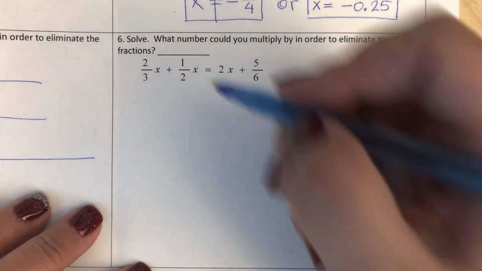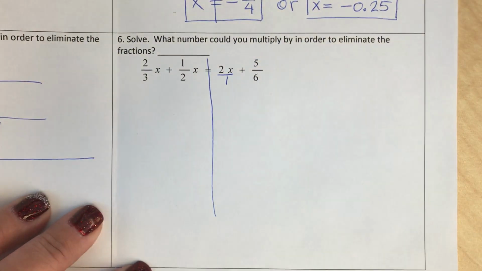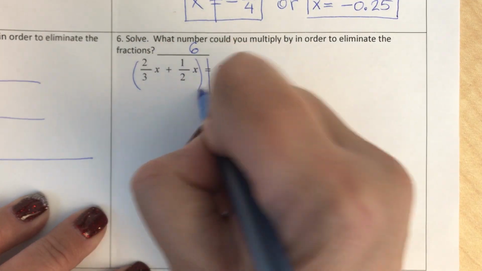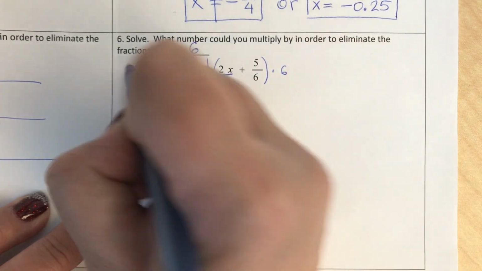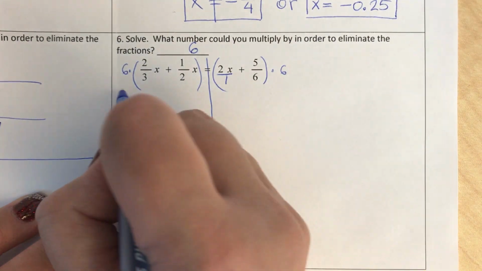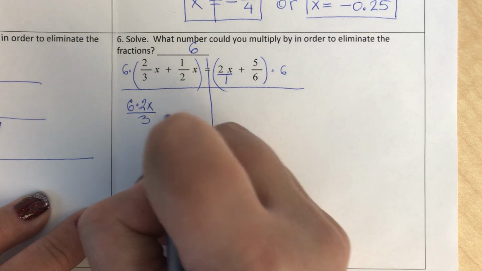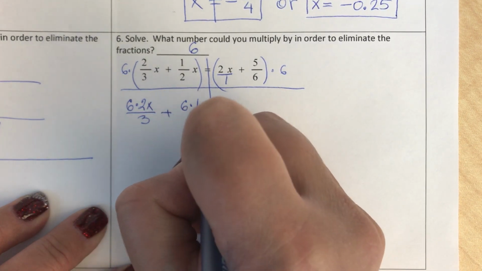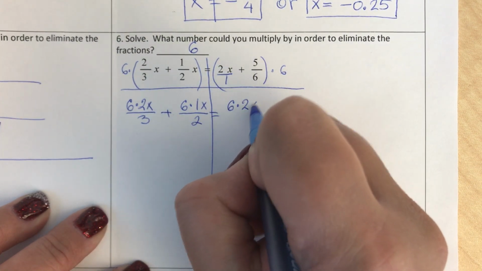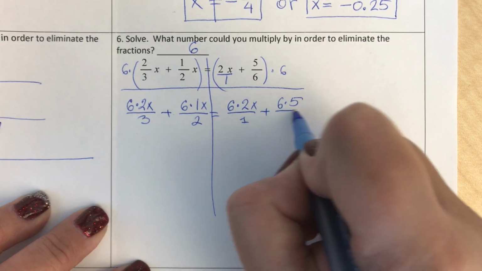And the last problem for us, let's clear those fractions by multiplying by the common denominator, which is 6. So both sides of the equation, we must multiply by 6 and get rid of those fractions. So 6 times 2x divided by 3, plus 6 times 1x divided by 2, equals 6 times 2x divided by 1, plus 6 times 5 divided by 6.